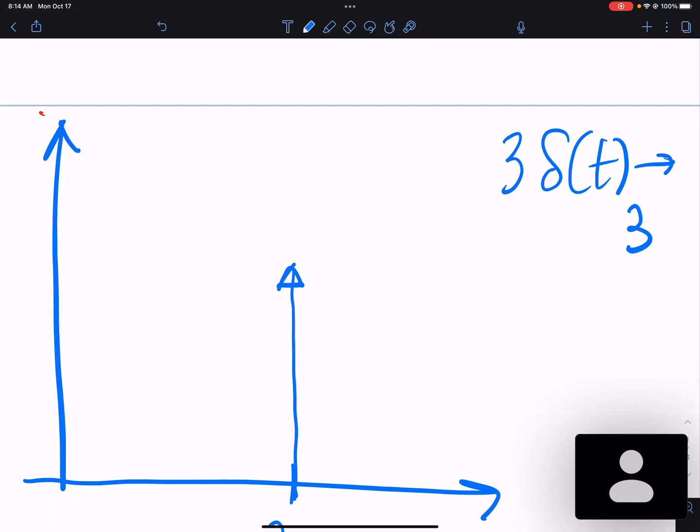Any other questions? So that's the delta function, and one of the assessments does have that as an input. Actually, I think both of them do. When you change it to the Laplace transform, it will change over to just the value 3. Any other questions?